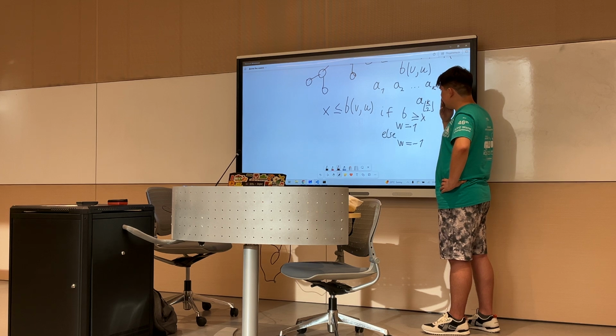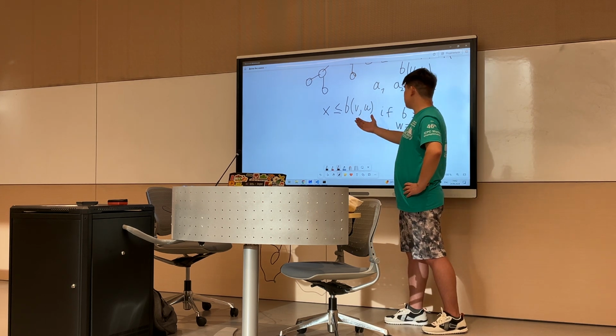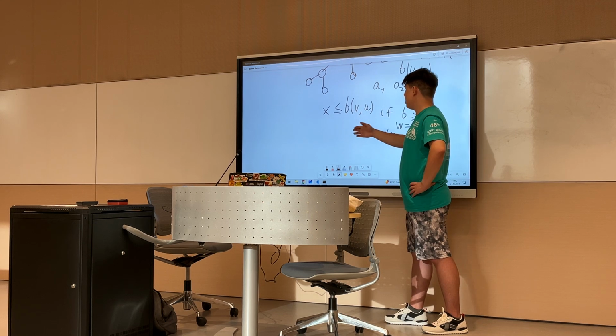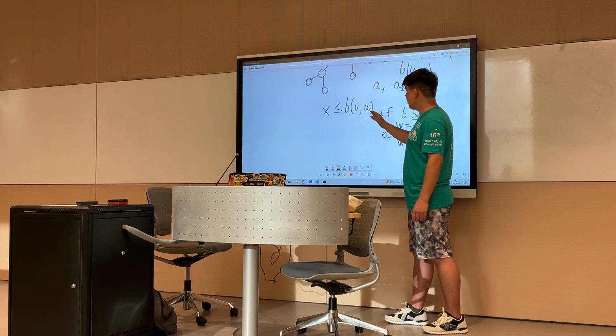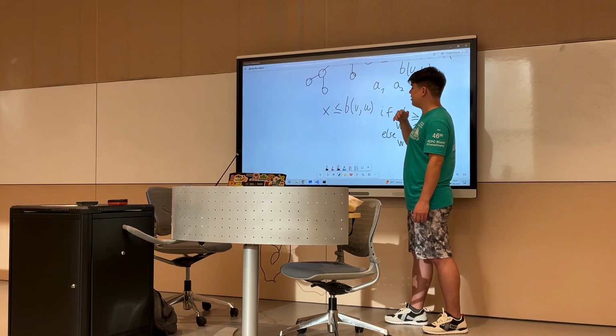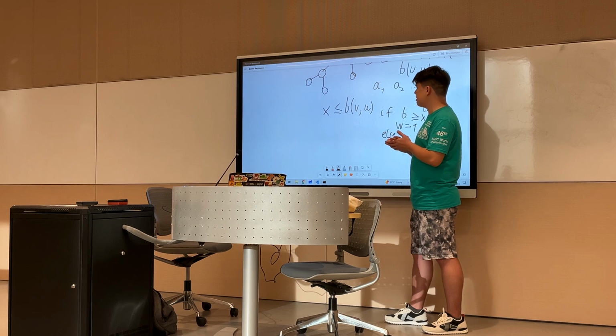With that, we can easily check if the beautifulness of the path is at least x. We just need to calculate the sum of weights on that path, and if the sum of weights on that path is at least 0, then that means the beautifulness of the path is at least x.